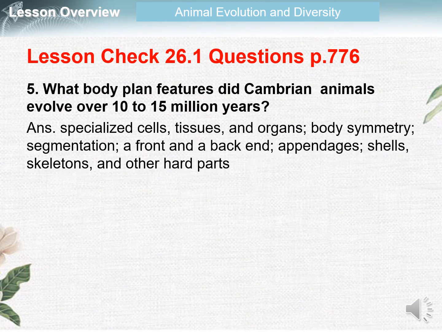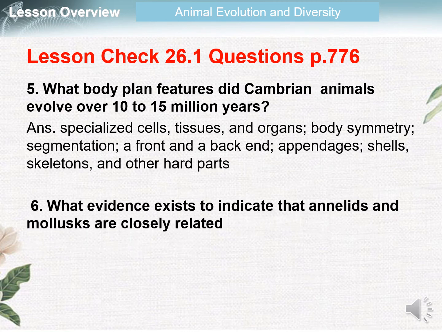The answer is specialized cells, tissues, and organs, body symmetry, segmentation, a front and back end, appendages, shells, skeletons, and other hard parts are the features of the body plan for those animals in the Cambrian period.